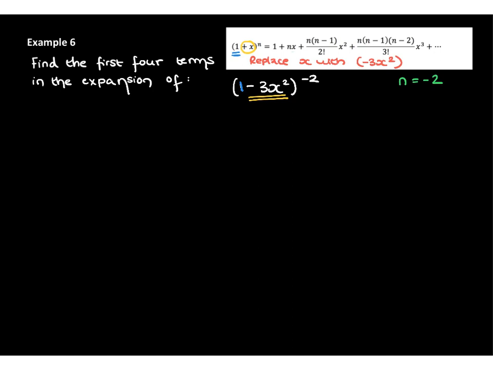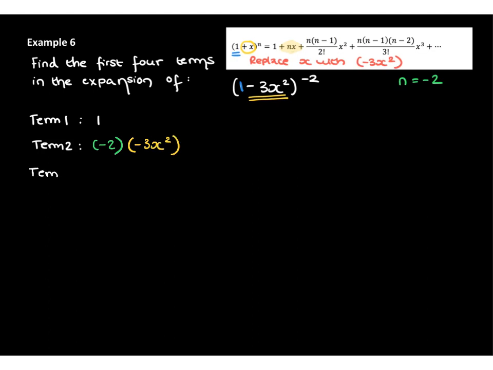Okay, so let's start off our expansion. Term 1 is simply going to be 1. What about term 2? Well, that's going to be n multiplied by x. So what is our n? It is negative 2. And x, of course, is being replaced by negative 3x squared.